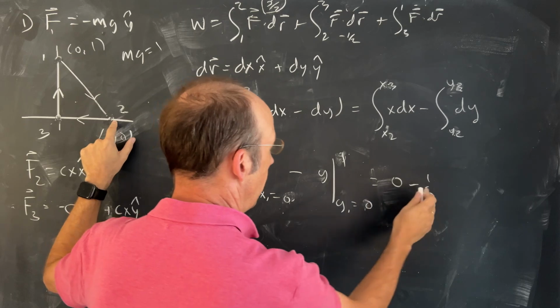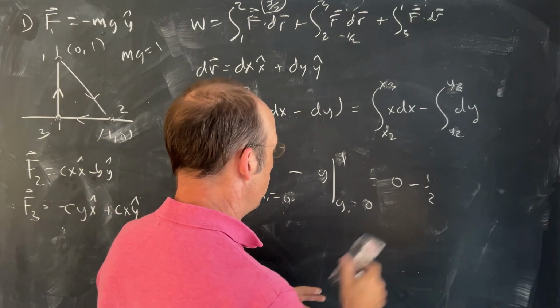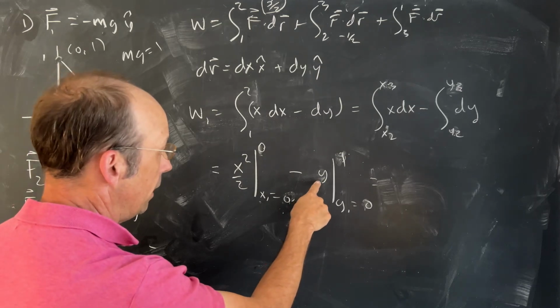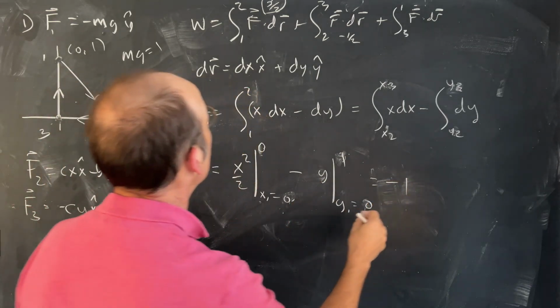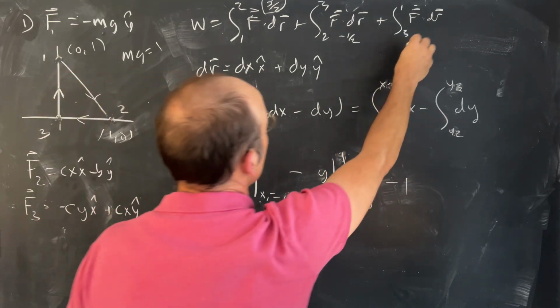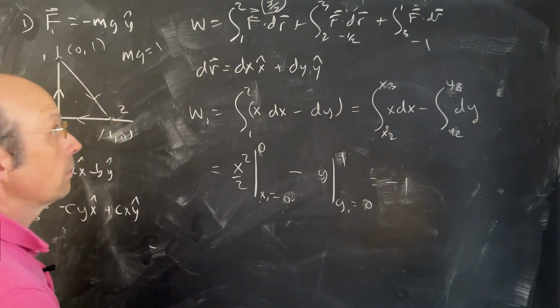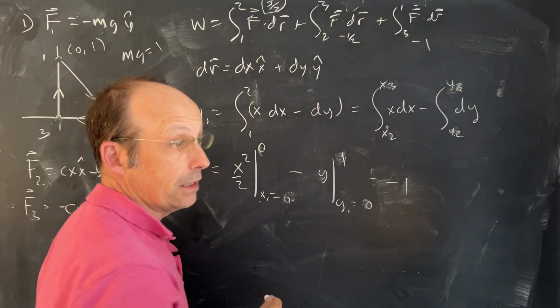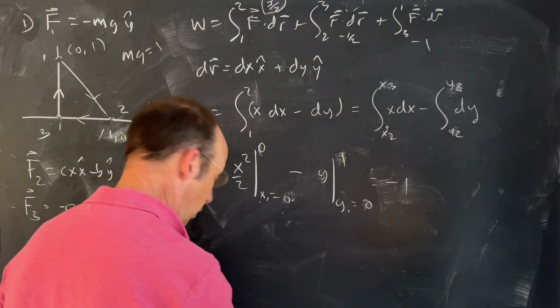That was 0. So this is going to be equal to 0 and then minus 1. So I get 3/2 minus 1/2 minus 1/2. It is 0. The total work.